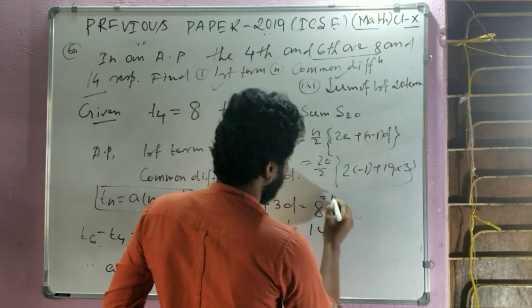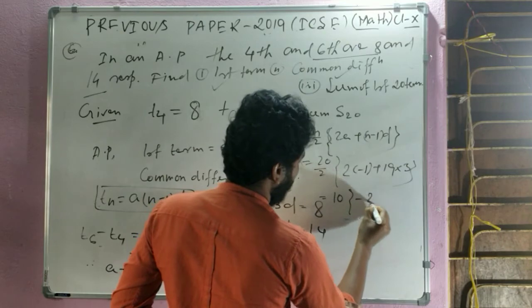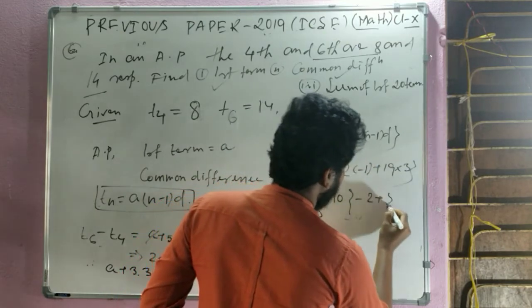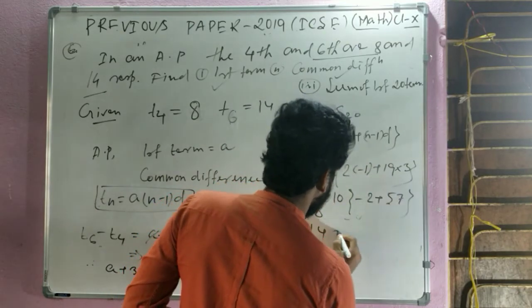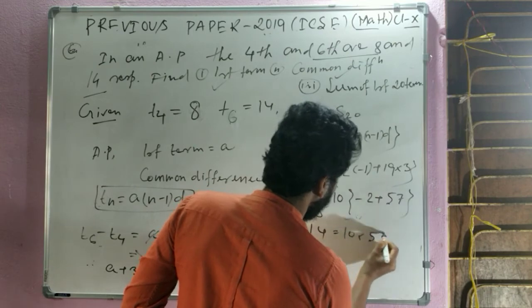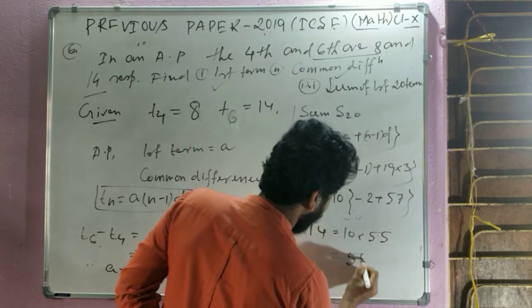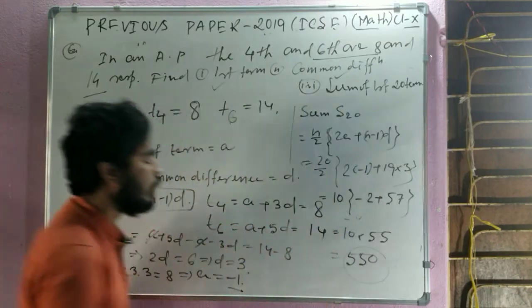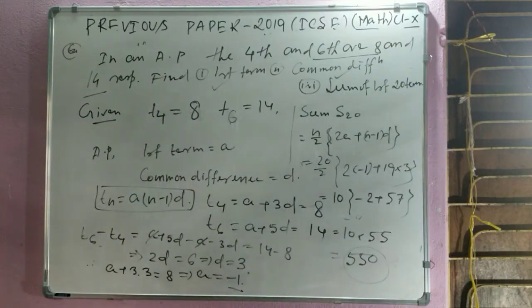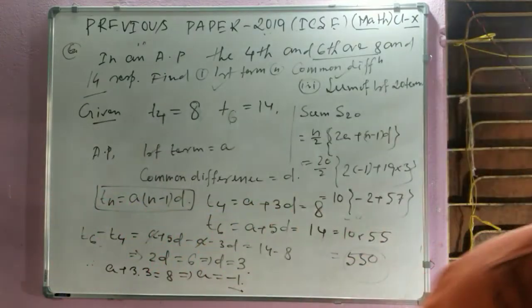So 20 by 2 means 10, this equals minus 2 plus 57. So 10 into 55, 550. This is the sum of the AP. This is the clear solution of the AP.